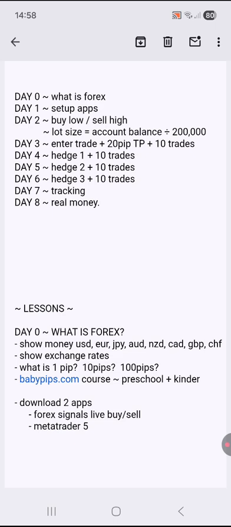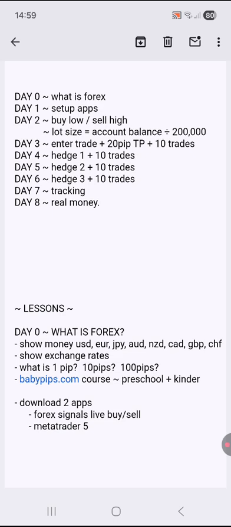I showed you what 1 pip movement is, 10 pips, 100 pips, what those movements would look like on the market. I showed you buy, I showed you sell. Buying, we're making money going up. Selling, we're making money going down.